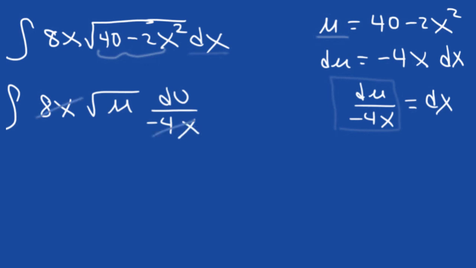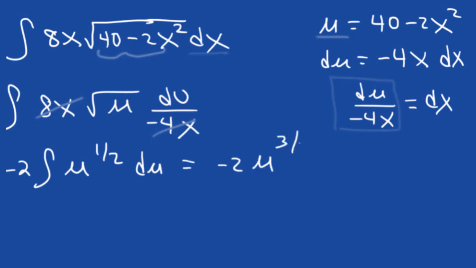8x divided by negative 4x is negative 2, and I'm going to write that in front. The square root of u is the same as u to the 1/2. So now we can use the power rule. 1/2 plus 1 is 3 over 2, and then we could divide by 3 over 2 or multiply by 2 over 3, which is the better option.